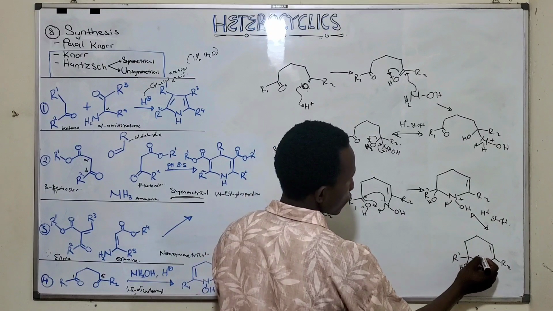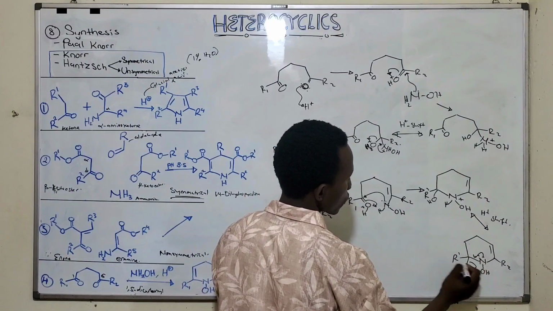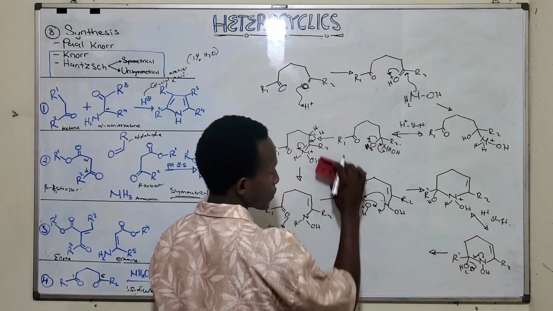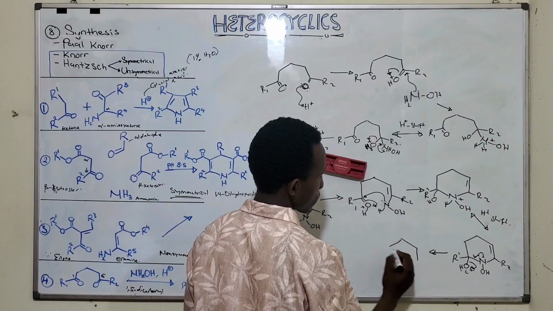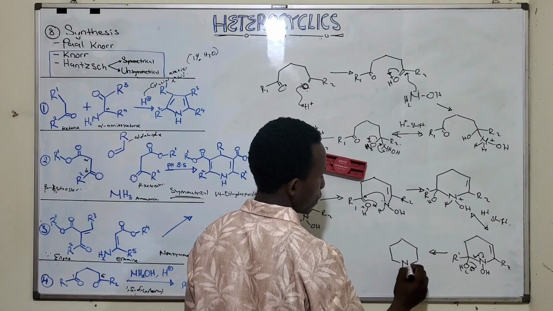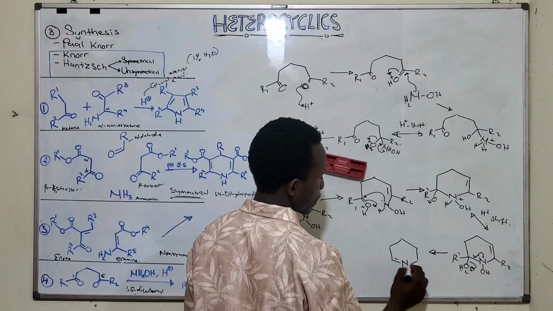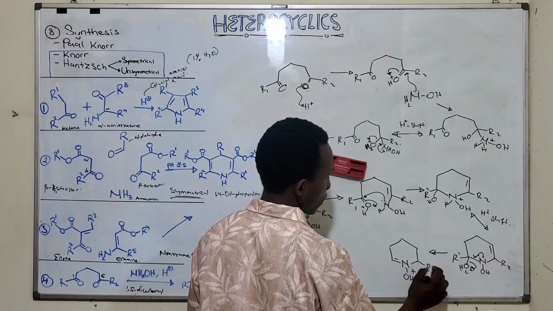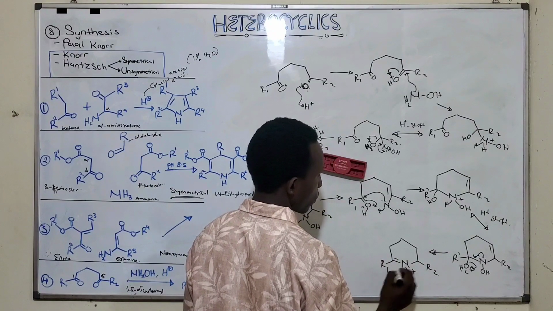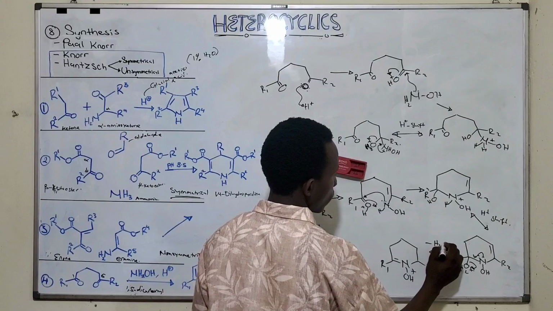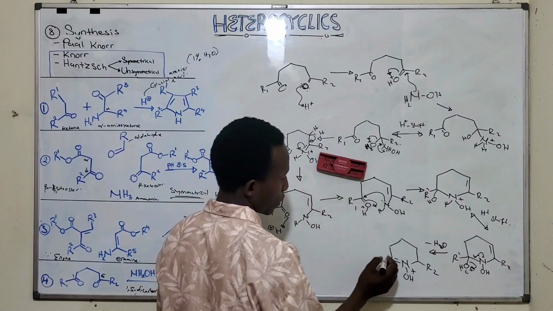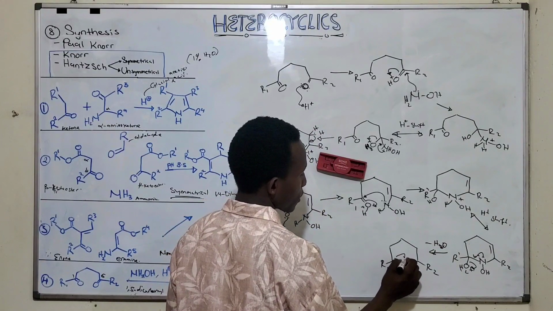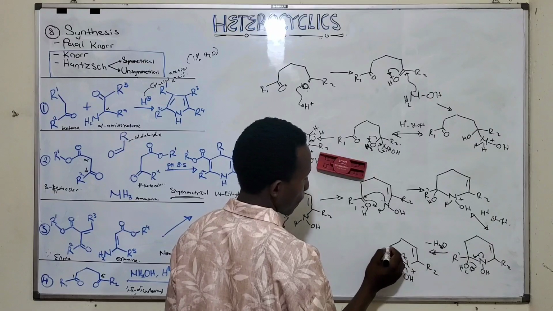So nitrogen forms a bond. This one breaks off. You have N, OH, but it's now plus. R2, you have R1, you have lost water. You have lost water. So as this one stabilizes, remember you have a double bond here.